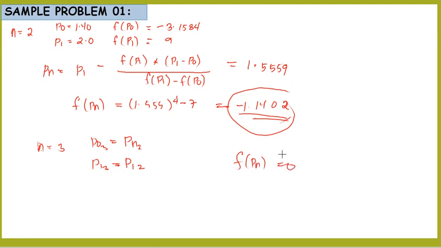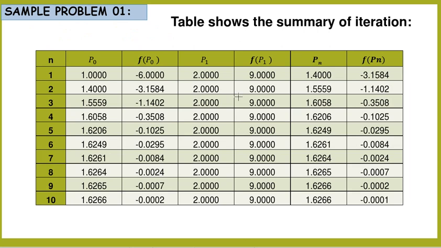So, we iterate it. We calculate. This will be the summary. When we calculate it repeatedly, these will be our values. So actually, in here, we can stop already. Right? Because this is approximately 0.